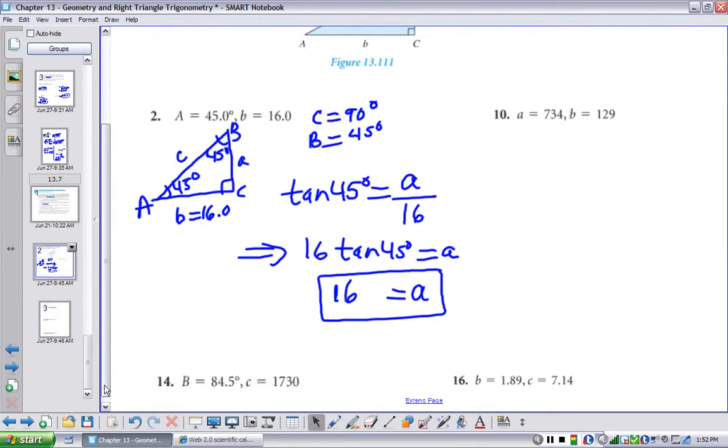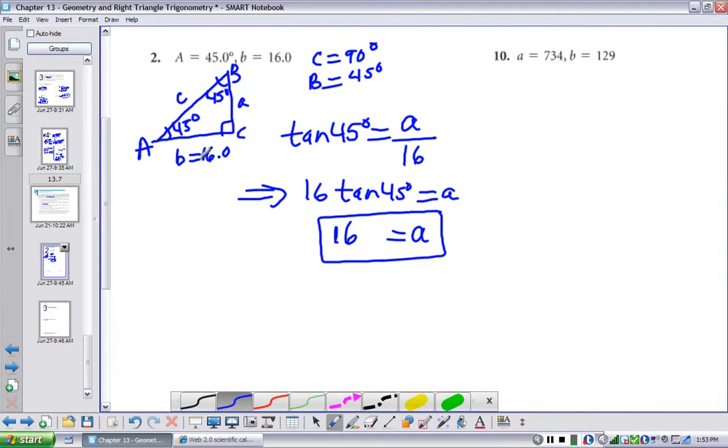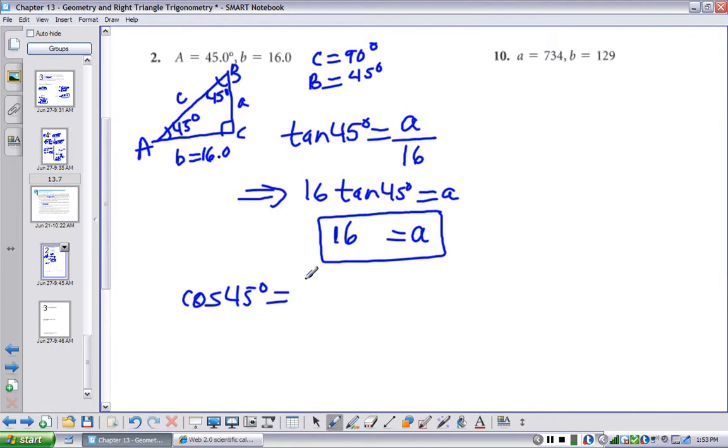If you want to find c, we're given b and angle A, so we have adjacent over hypotenuse. Remember that cosine of A, which is 45 degrees, equals the adjacent side over the hypotenuse.